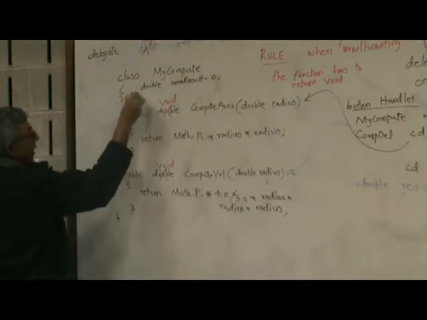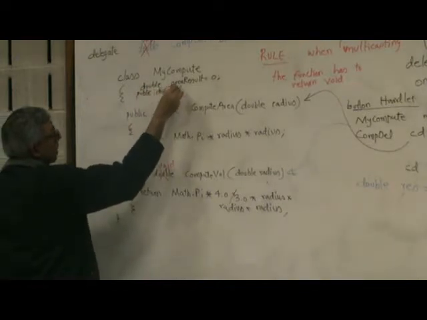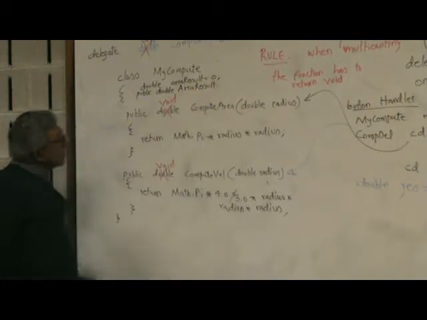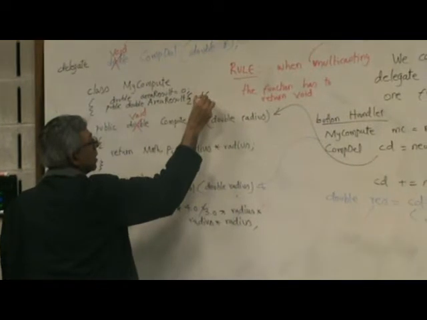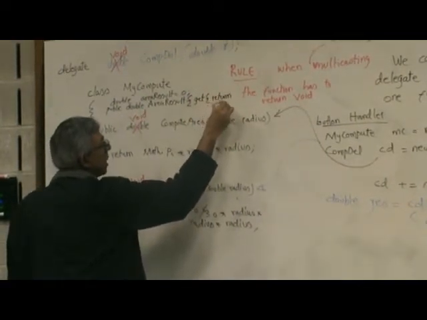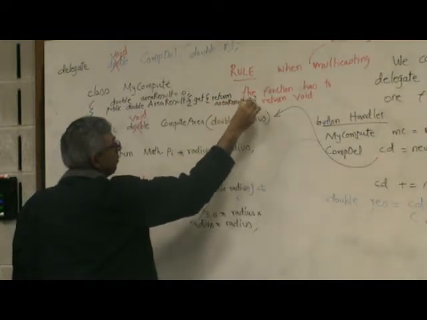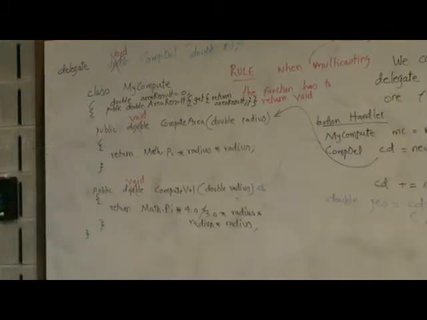And then public double area result get return area result. So I'm creating what's called a read-only property because it only has the get part in it.